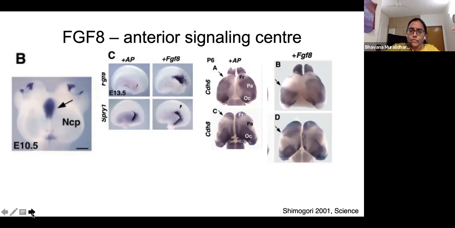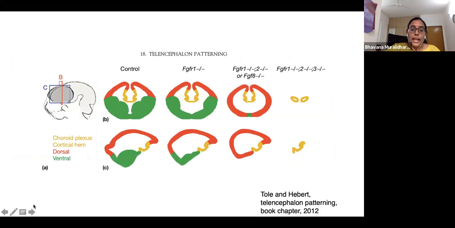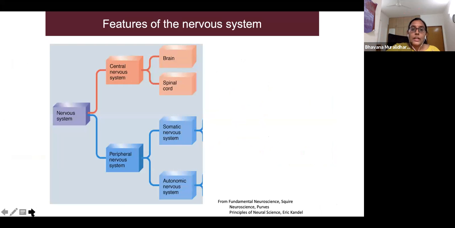The frontal cortex is where your motor cortex comes, which is involved in movement. Parietal is for touch, the somatosensory cortex, and the occipital lobe is for vision, right? And I also told you how FGFs play a role in dorsoventral patterning in the forebrain as well.